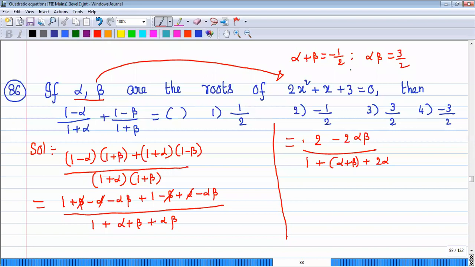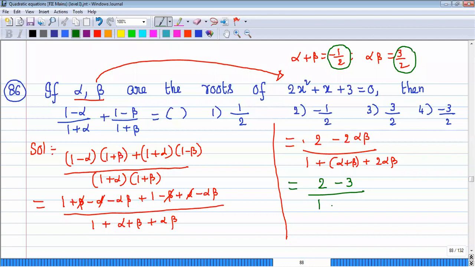So that means substitute alpha plus beta is equal to minus 1 upon 2, alpha beta is equal to 3 upon 2. So 2 minus 2 alpha beta is 2 minus 3, and 1 plus alpha plus beta plus alpha beta is equal to, right, what do you get?